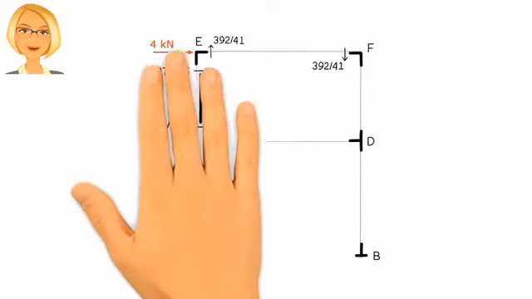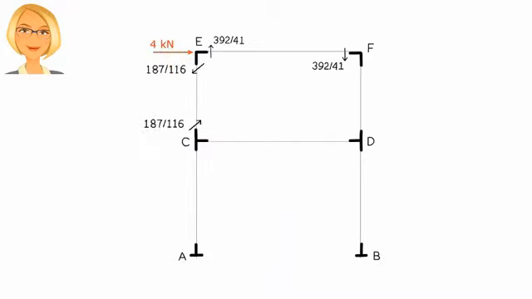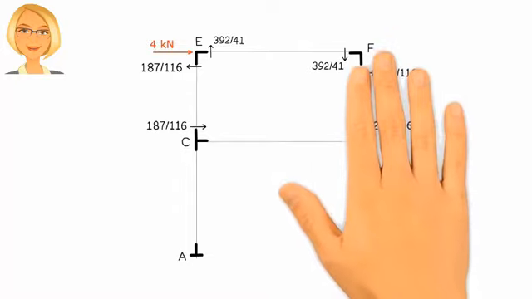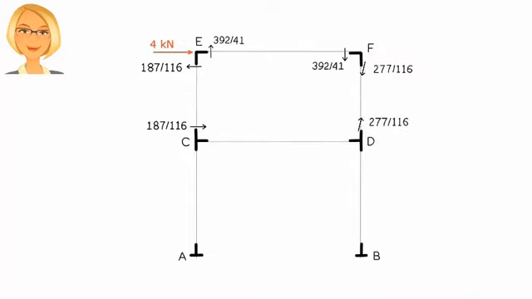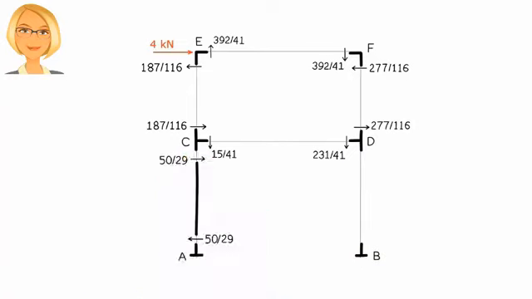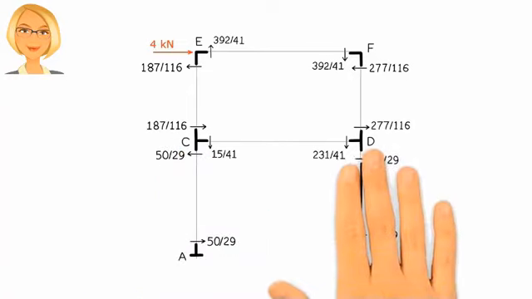For member CE, for DF, for CD, for AC, and for BD.